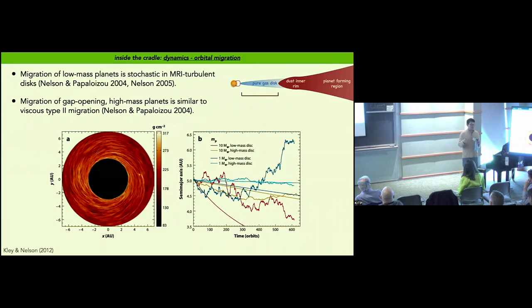The time scale is comparable to each other. If it's much smaller than gap opening mass, it will depend on what the underlying density fluctuation is like. So if it's much less turbulent, then the migration time scale will be much faster because it's less stochastic. Thank you.